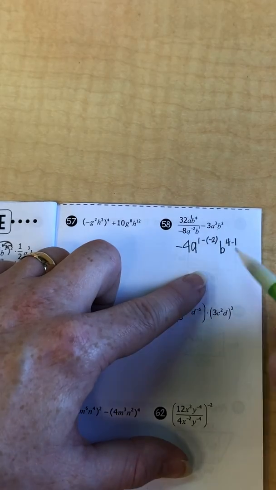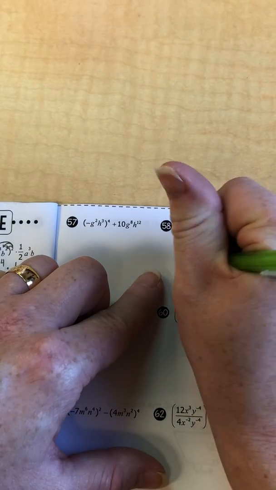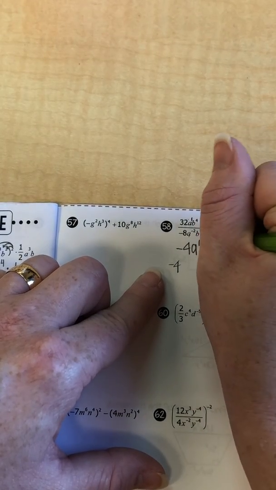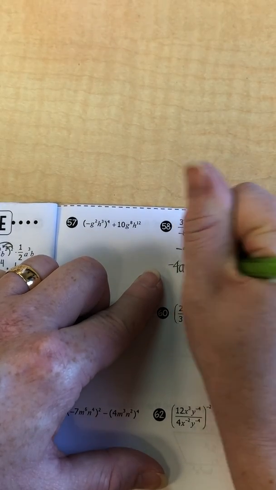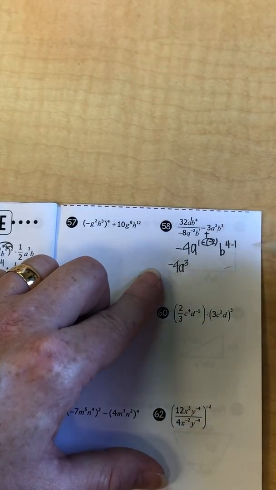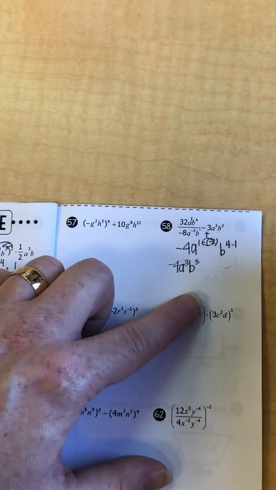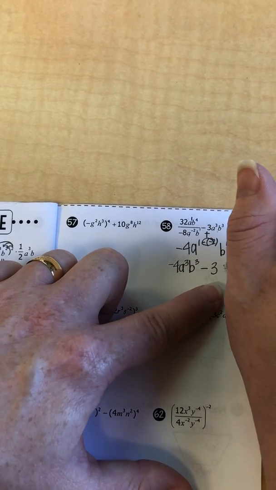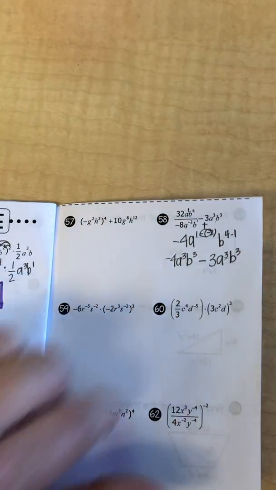Now I can't fit all that other stuff, so I'm going to simplify this and then I'll drag this down in a minute. So I have -4. This double negative right here is going to become positive. So 1 plus 2 is 3. And then 4 minus 1 is 3. And then I'm going to drag down the -3, a cubed, b cubed.